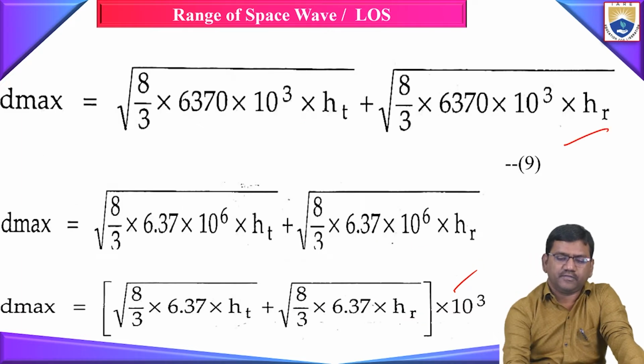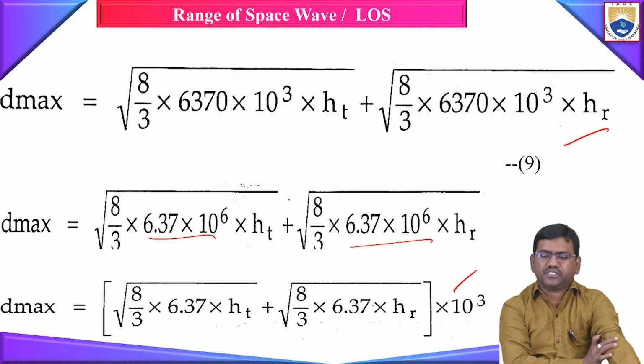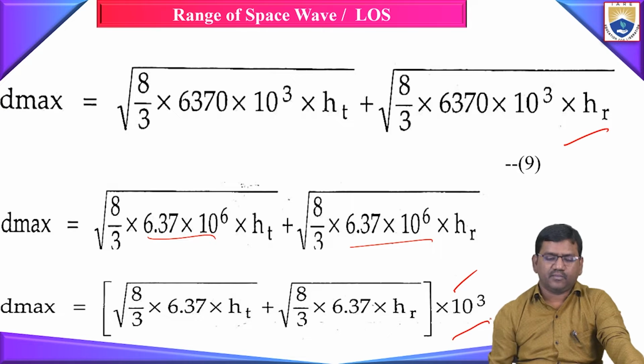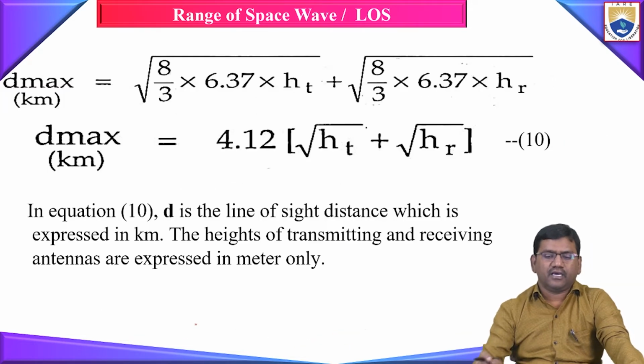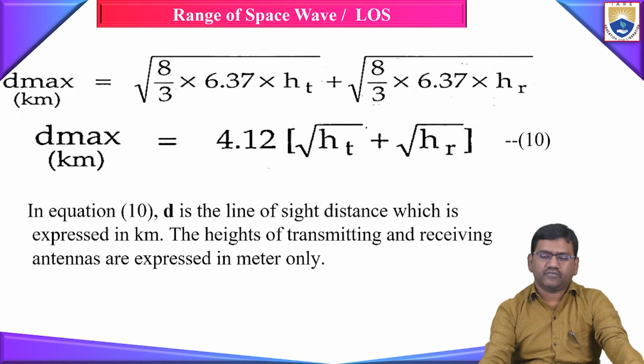The root of 10 power 6 is given by 10 power 3 under the square root, so 10 power 3 is taken as common. If we simplify these two terms, you will get approximately 4.12 into root of HT plus root of HR.